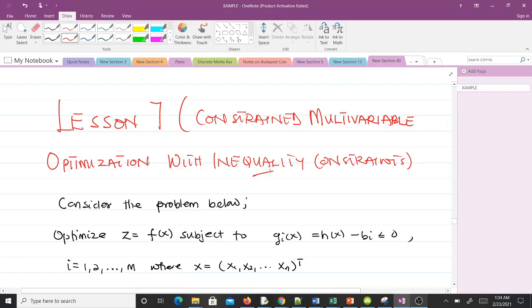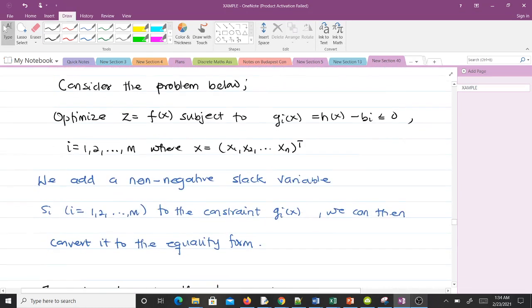Okay, so let's consider the problem below. Now we are supposed to optimize z equals f of x subject to g_i of x equals h_i of x minus b_i less than or equal to 0.